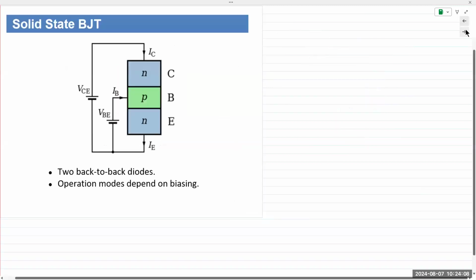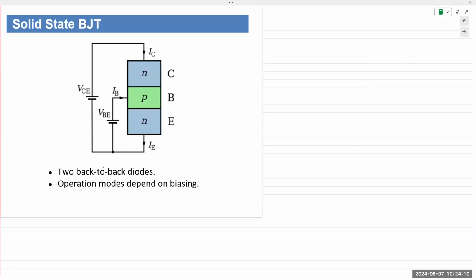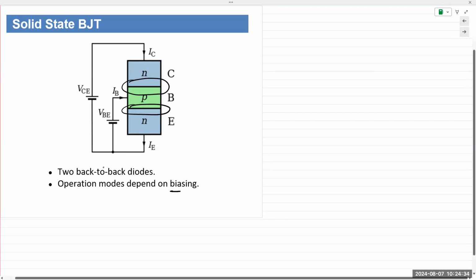So here we think that these are 2 PN junction diodes, but they don't exactly work like 2 PN junction diodes. There are 2 diodes connected back to back, but the operation depends on the external voltage that we apply to these devices. And that, of course, is known as biasing.